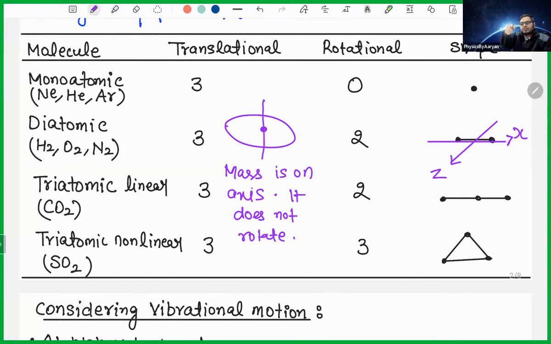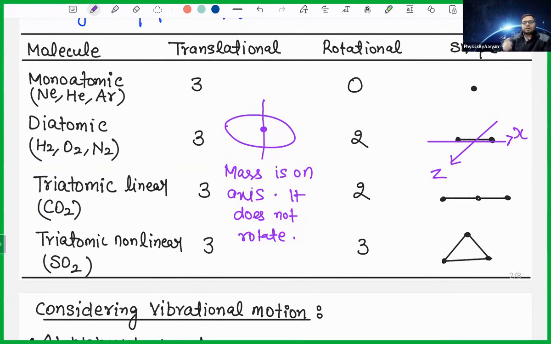Everyone agrees. So now you tell me, can your molecule rotate around the x-axis? No, because your molecule is standing on the x-axis. So it cannot rotate around the x-axis, because when we stand on the axis, we cannot rotate.